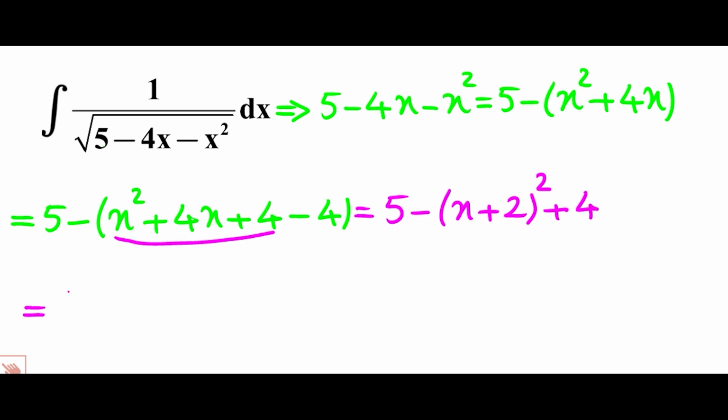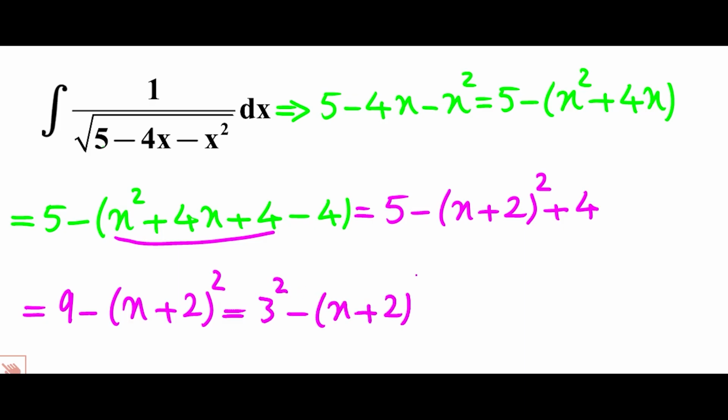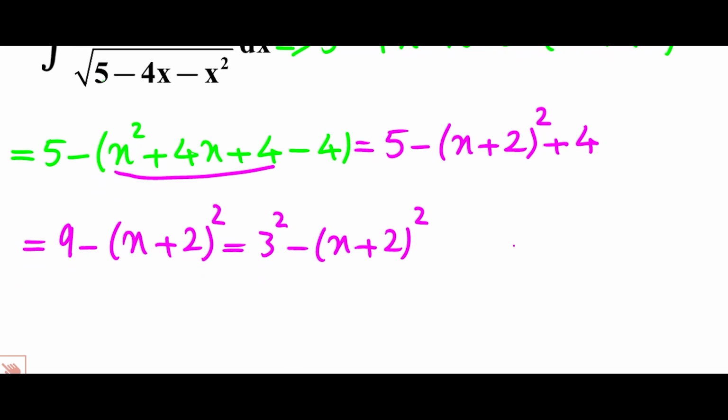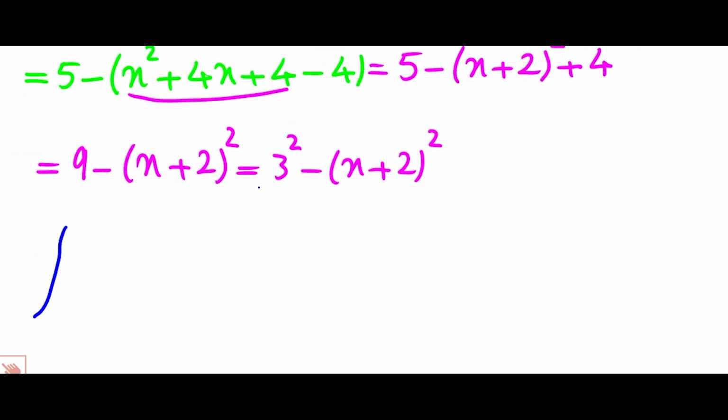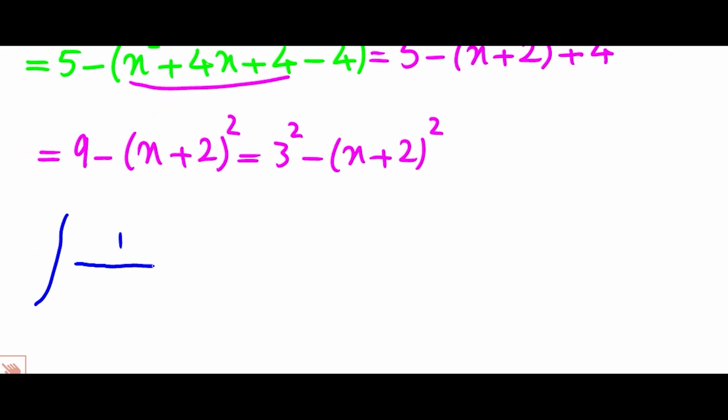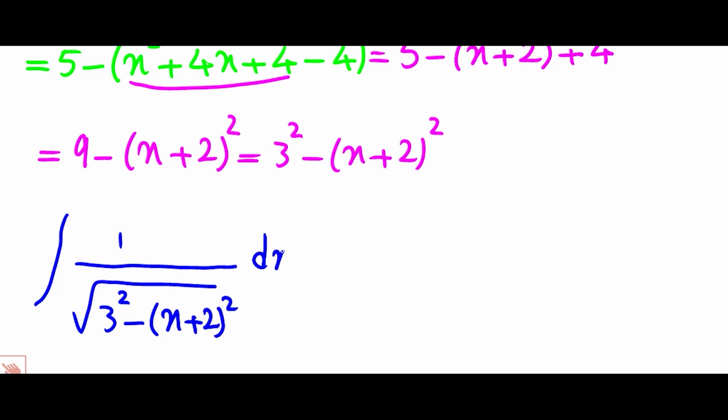So we have 5 plus 4 is 9 minus (x plus 2) whole squared, or 3 squared minus (x plus 2) whole squared. So our integral becomes the integral of 1 over the square root of 3 squared minus (x plus 2) whole squared dx.